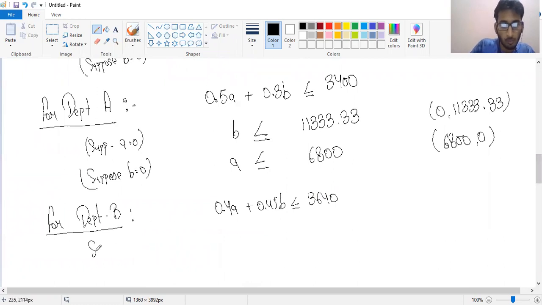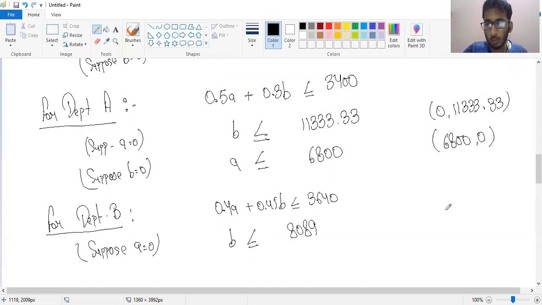Suppose A equals 0. Then the value of B would be 3640 divided by 0.45, which is about 8089.